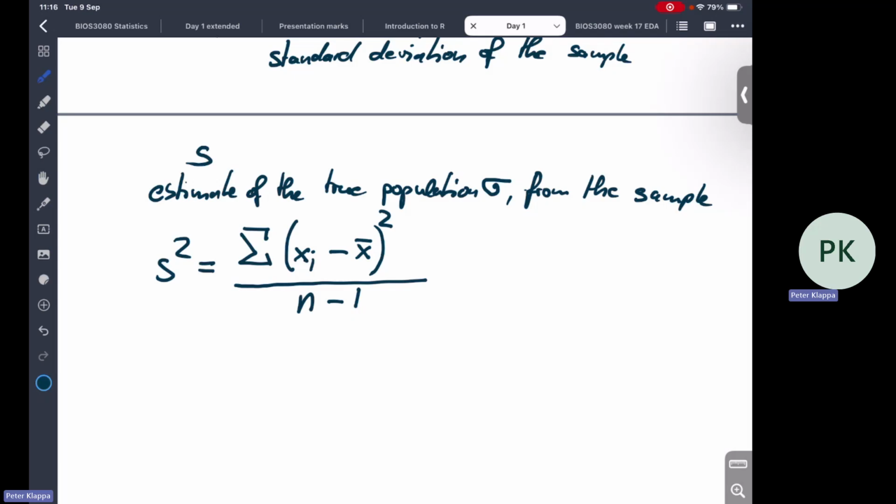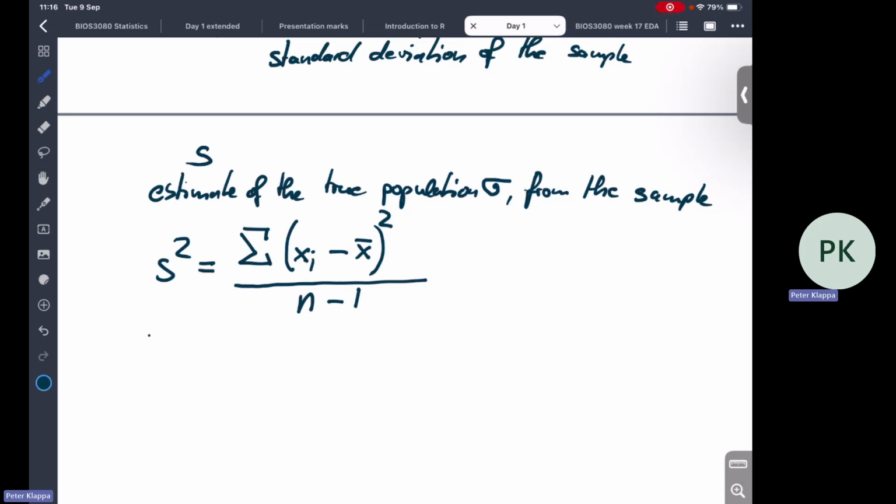If we've got a huge sample size, then this -1 doesn't make any difference because we already have a lot of information about the population. But if the sample size is very small, then it makes a big difference because it sort of compensates for it.